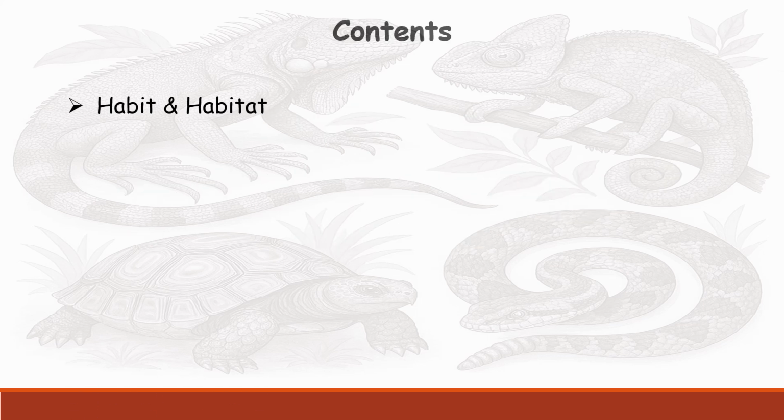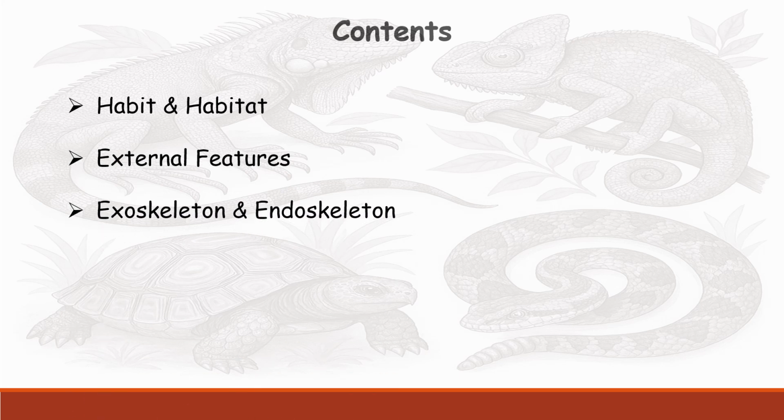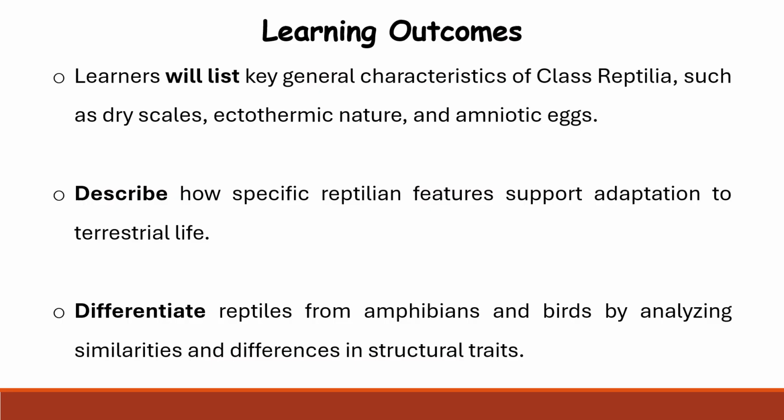The contents include habit and habitat conditions of reptiles, external features, exoskeleton and endoskeleton, and various anatomical systems of class Reptilia. The learning outcomes include: the learners will be able to list key general characters of class Reptilia such as dry scales, ectothermic nature, and amniotic eggs.